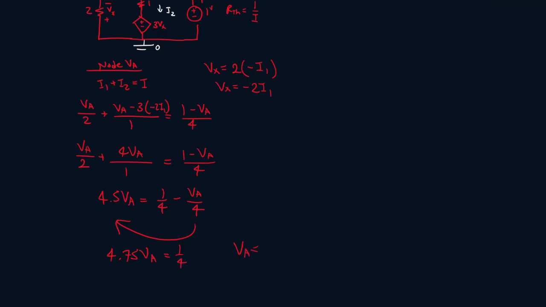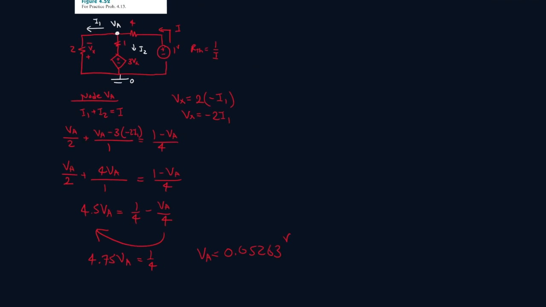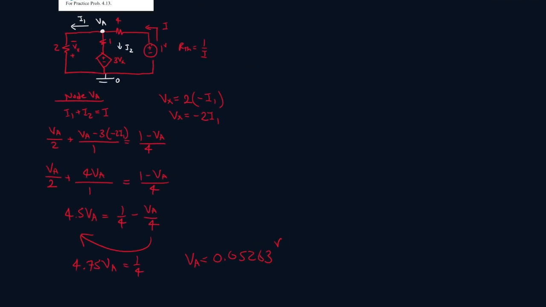So VA will be equal to 1 over 4 divided by 4.75. That's 0.05263 volts. Okay, now we know this 1 minus VA over 4 gives you I. So 1 minus 0.05263 all over 4.